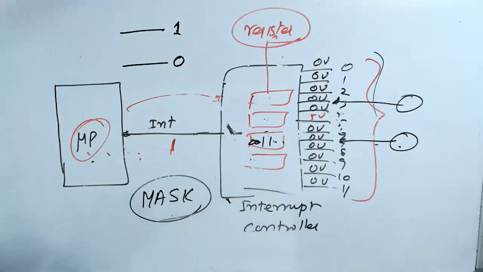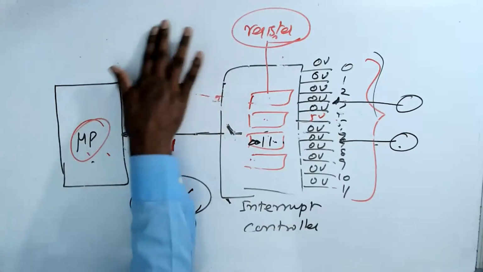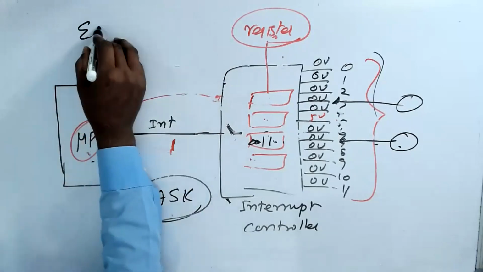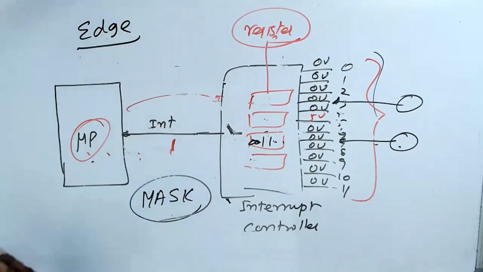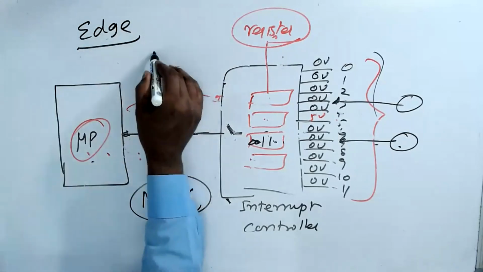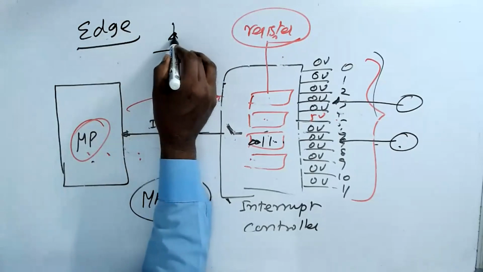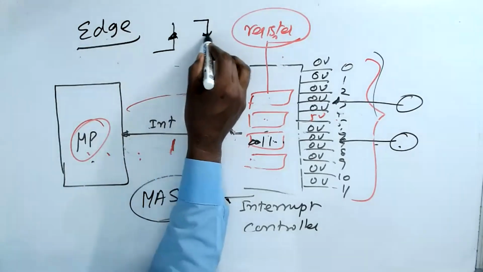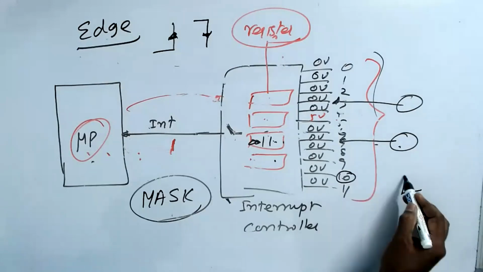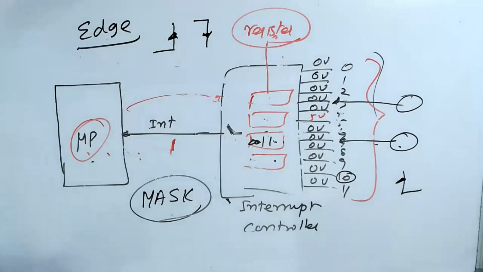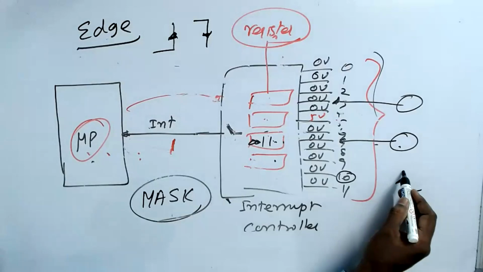Take the next one. There is something called edge, that is low to high or high to low. I can tell it that when pin number 10 becomes low to high, give me the interrupt. If it keeps on high, I will not get an interrupt.